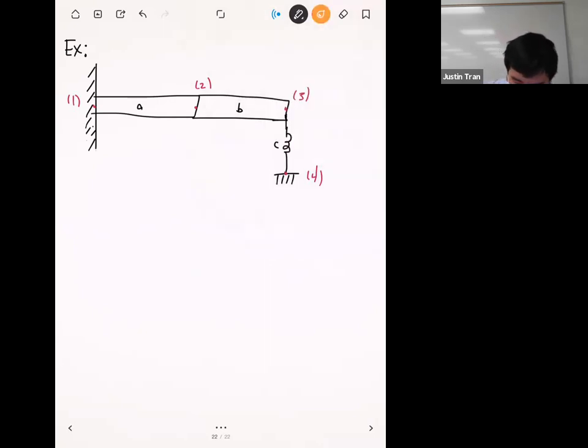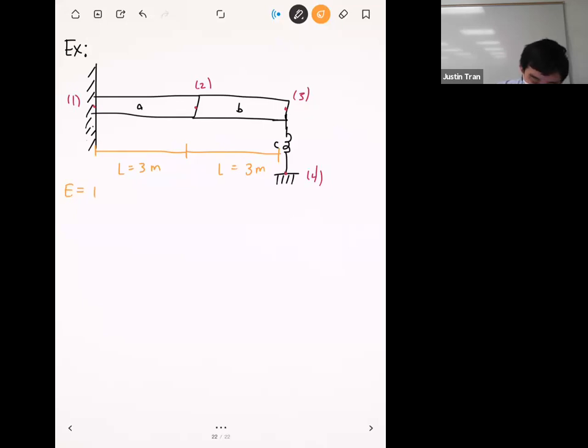All right, so let's put some numbers on this. And so the first thing we're going to need are the lengths of the two beams. First of all, we can say that the lengths are going to be 3 meters. And so we're going to say that these beams have identical lengths, and that they have the same material properties as well.